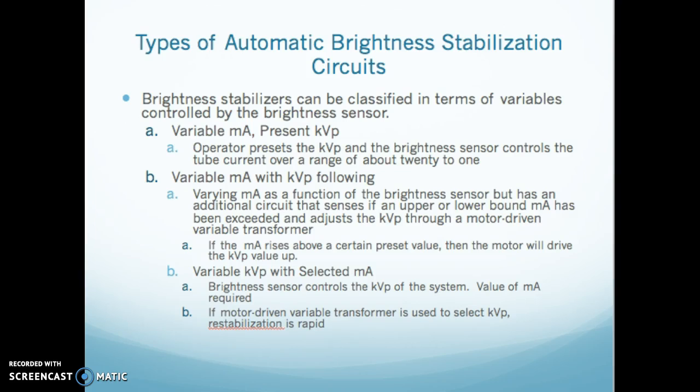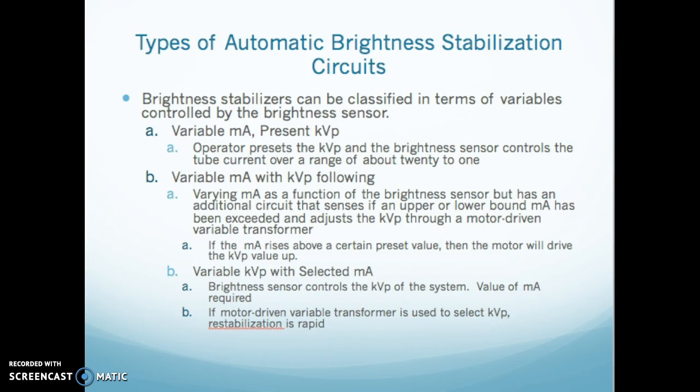All right, types of automatic brightness stabilization circuits. Brightness stabilization can be classified in terms of variable controls or by the brightness sensor. So we have variable mA and preset kVp. So the operator presets the kVp and the brightness sensor controls the tube current over a range of about 20 to 1.